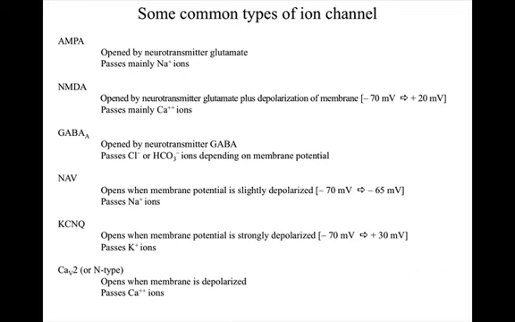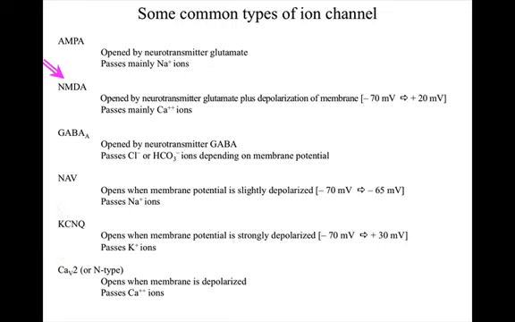These are some very common ion channels in the brain. The AMPA channel and the GABA-A channel are opened by neurotransmitters. The NaV, KCNQ and CaV2 channels are opened by changes in membrane potential.